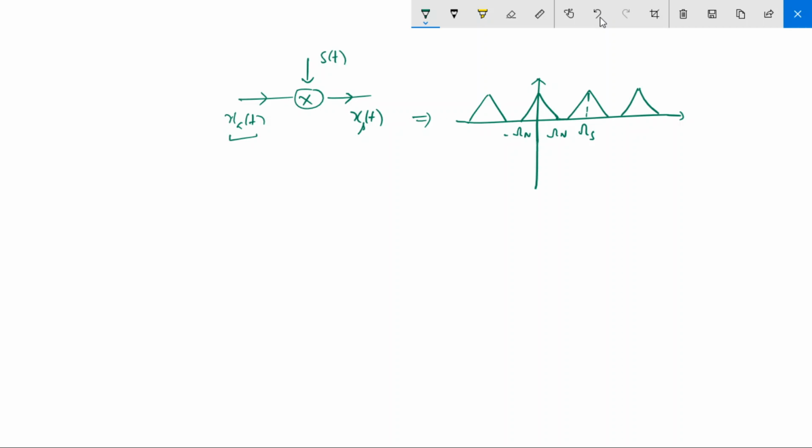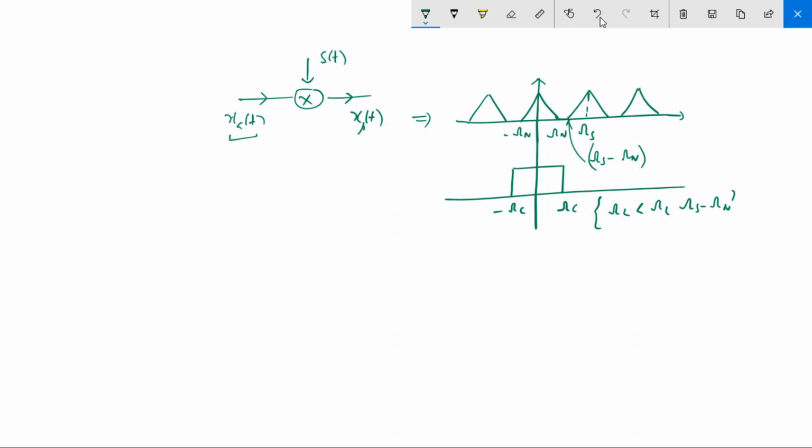Omega n is the maximum frequency present in the signal. So how do we recover this original spectrum? I simply use a low pass filter with a cutoff frequency between these two points. This point was omega s minus omega n. It means omega c should be between omega n and omega s minus omega n. In that case, I can recover the original spectrum from the sampled signal.